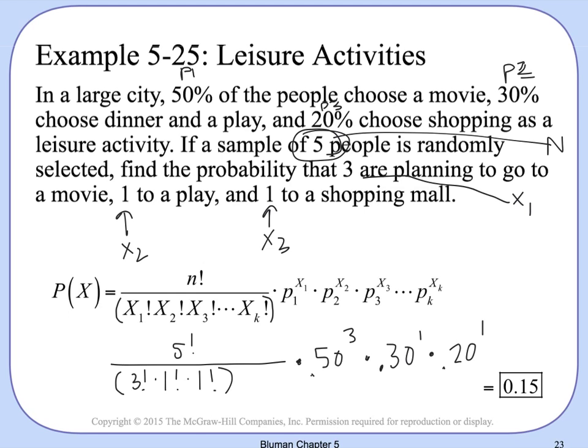Anything raised to the first power is itself, so I wouldn't have to put those ones in there either. And the answer is 0.15. So there's a 15% chance that that would happen if I asked those 5 people.